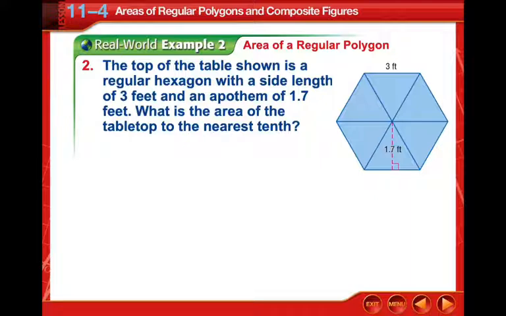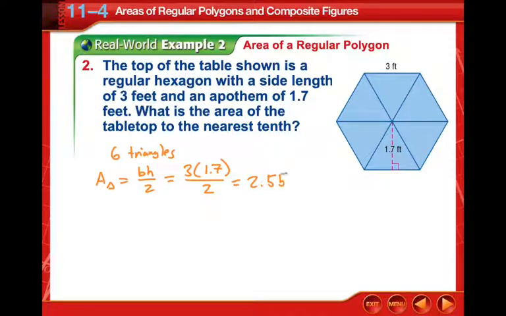So if we take the number of triangles, so there's 6 triangles. Remember, the area of one triangle is the base times the height divided by 2. In this case, our height would be 1.7. Our base is 3. The height is 1.7. And we divide that by 2. So that's going to give us a decimal, 2.55, not an ugly one at least.